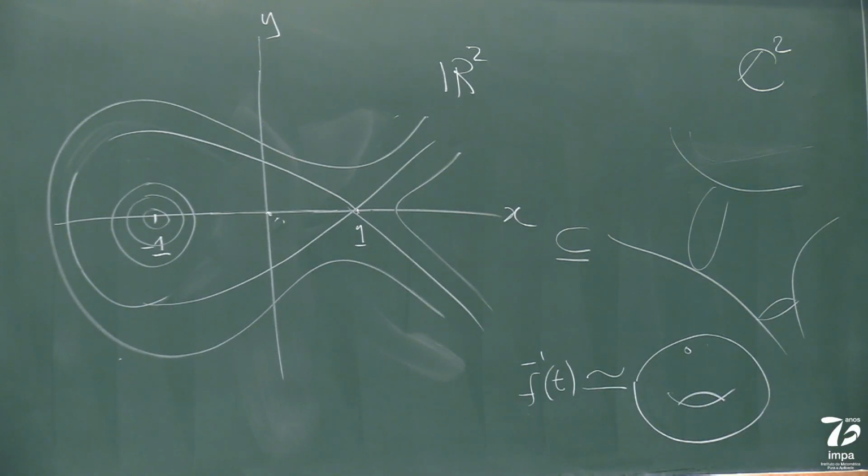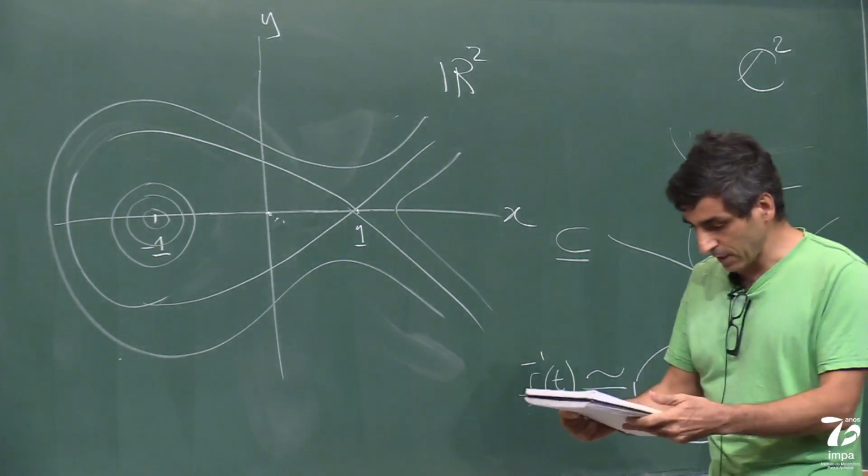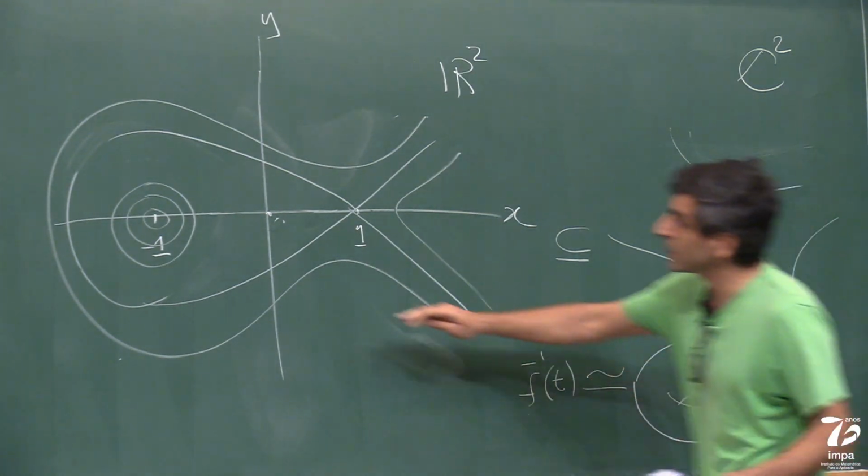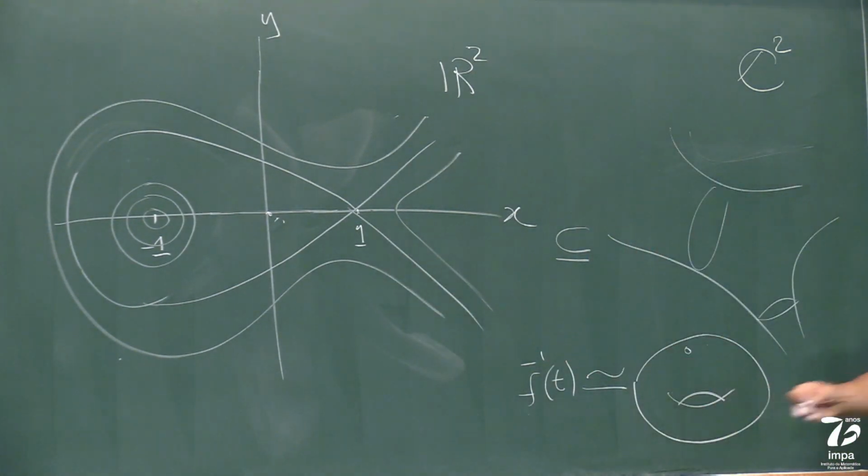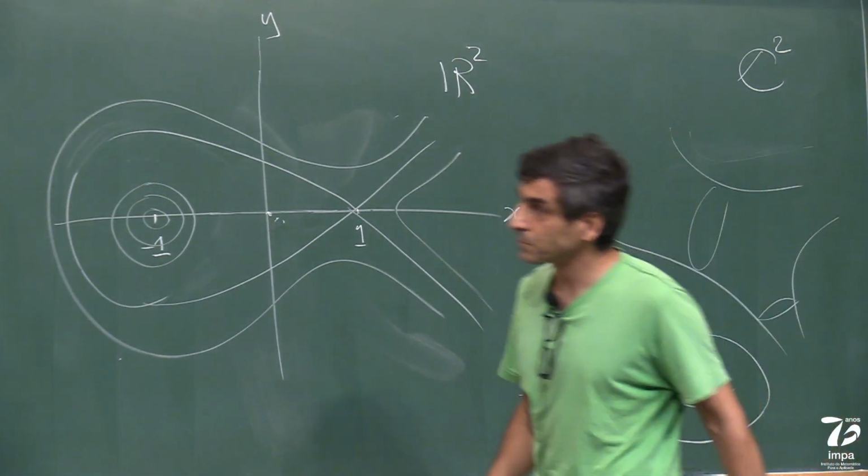Okay, so something also about this picture. It's appearing the word Hamiltonian. So actually, you can look also at this thing as solutions to an ordinary differential equation.